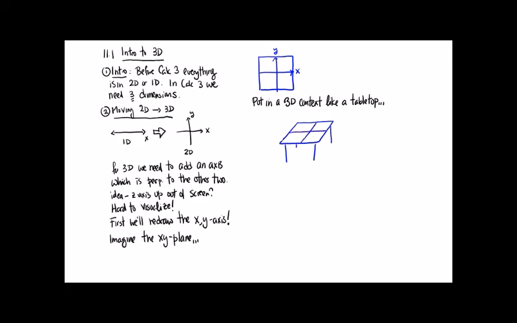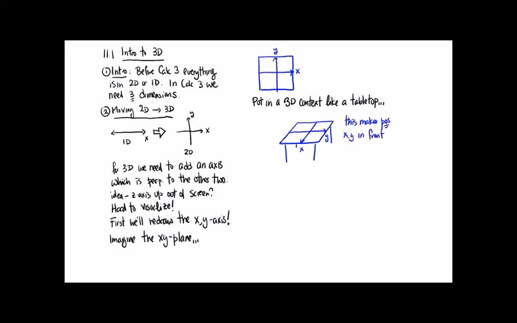Now, it might be tempting to make the y-axis the one that goes front to back and the x-axis left to right, but we actually won't. What we'll do is make the x-axis come forward and the y-axis go to the right. The reason for this is we want the places where x and y are positive to be in front. So this makes positive x and y in front.